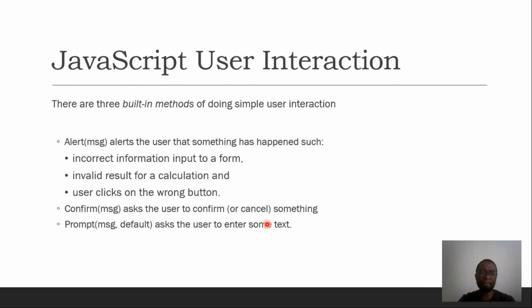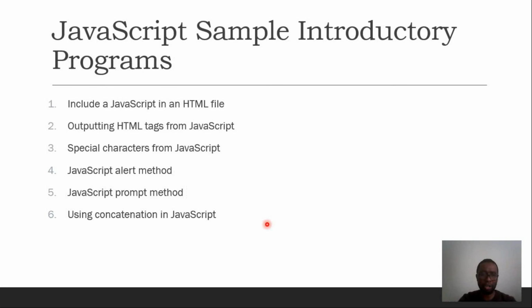So this is whereby we have an interaction between the user and the system, and in this case the system is able to take in information from the user and act upon it, unlike the alerts whereby you have just to either click a yes or a no, or to get some alert from something. So prompt is a little bit more interactive.